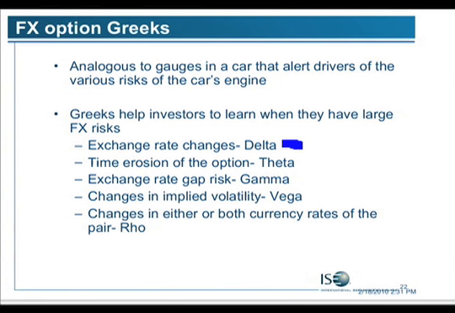Gaps are most affected by the gamma because delta might change. You might see an option that's at the money or even out of the money, and if it turns out to be in the money, delta would pick up, or if it's going the other way, it would be reduced significantly. Then there are changes in implied volatility, vega, and changes in the interest rate differential, rho.